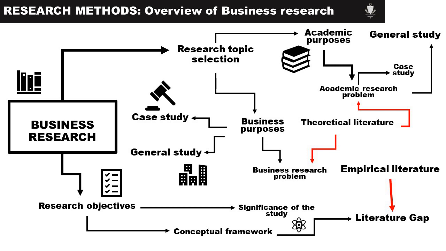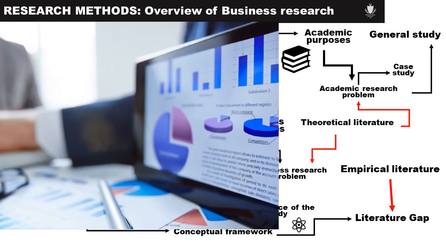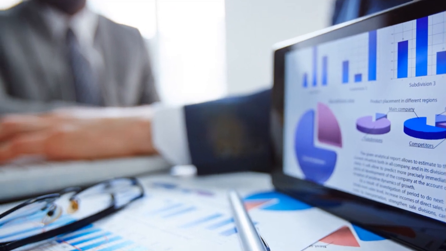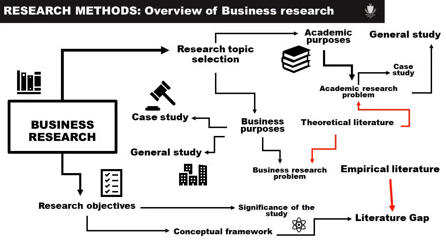For example, if you come up with a topic that is in the business dimension and basically for business purposes, then you should look for a problem that solves a business problem, right?